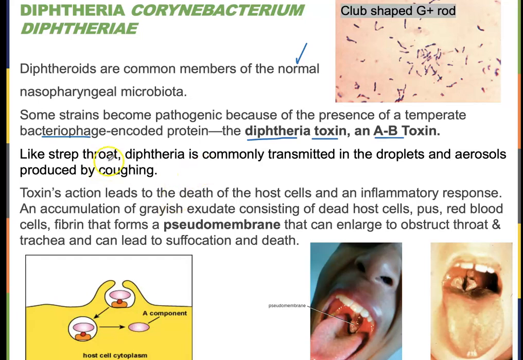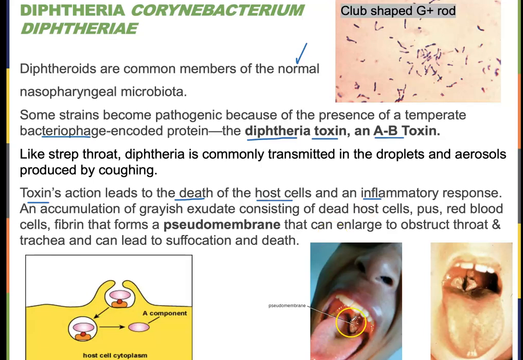And like strep throat, diphtheria is commonly transmitted in droplets and aerosols. If you are unlucky enough to get this form of diphtheria where the bacterium has this toxin, it can create that gray pseudomembrane. The toxin kills lots of cells and causes an inflammatory response.